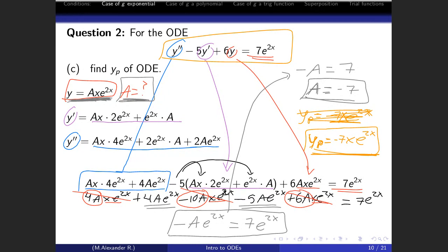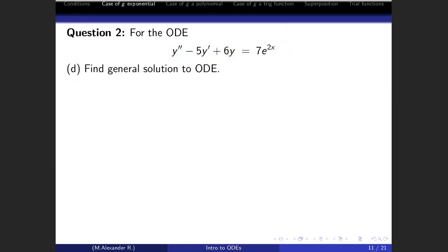Actually, no. So this is the particular solution, and now I want to combine this with the more general question. The general question is find the general solution to the entire differential equation. So the general solution is going to be the combination of the complementary solution plus the particular solution that we just found.